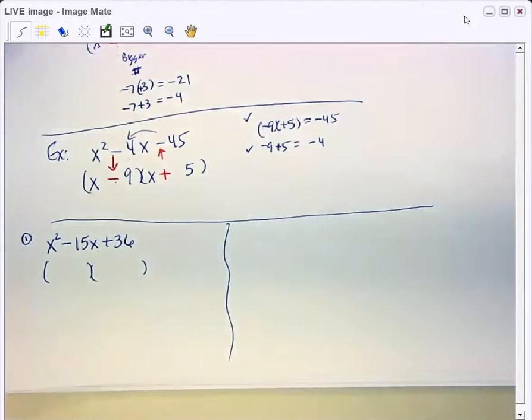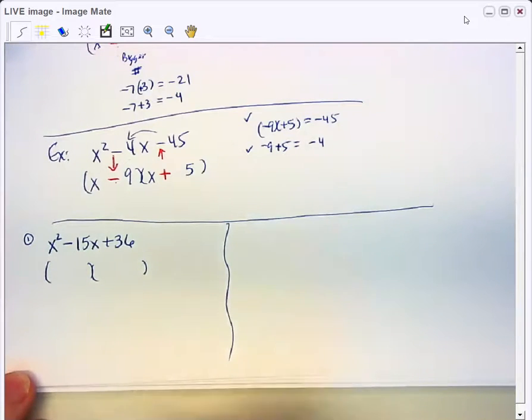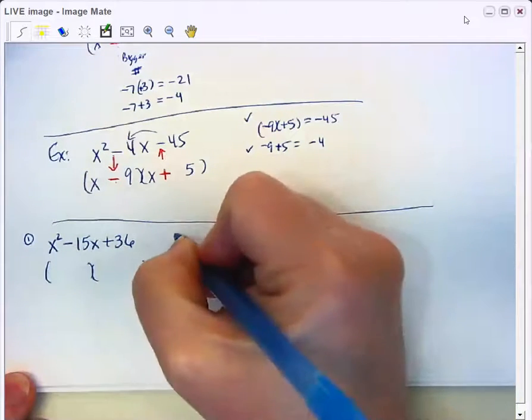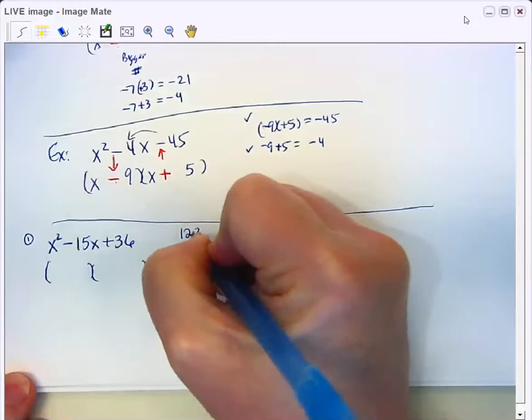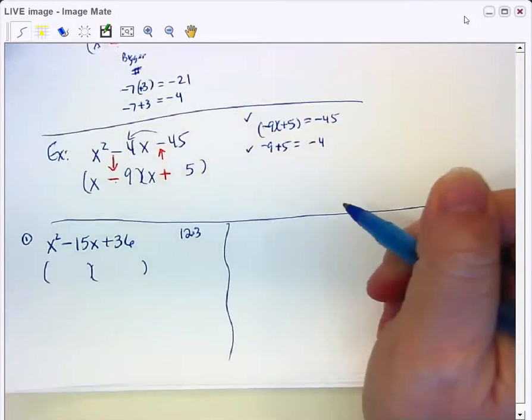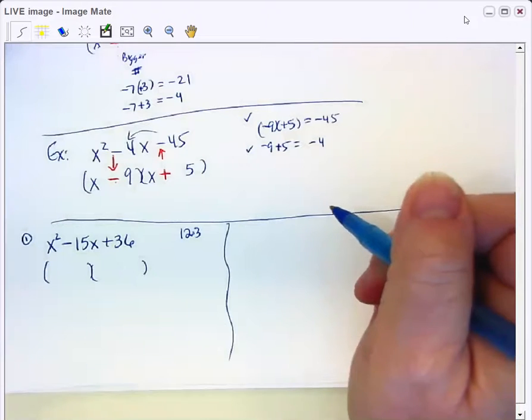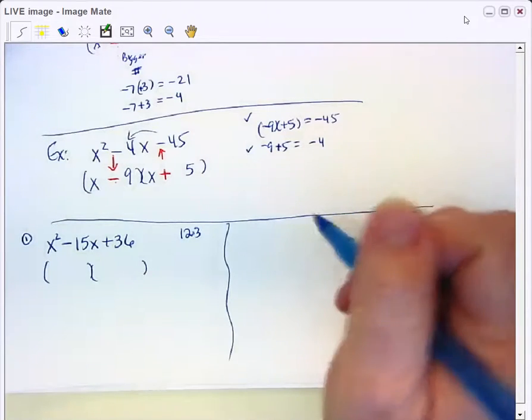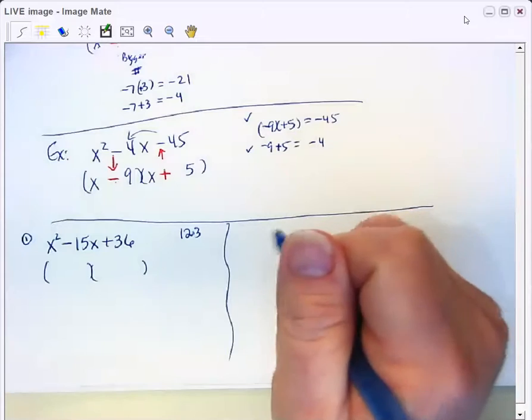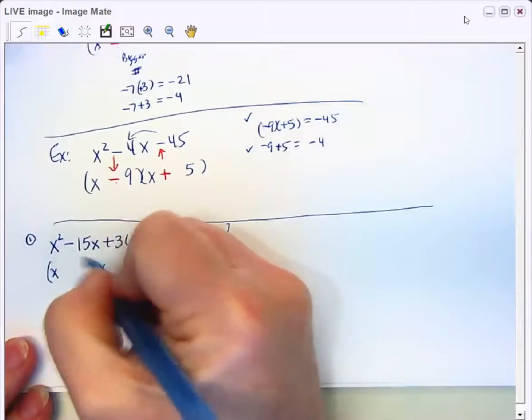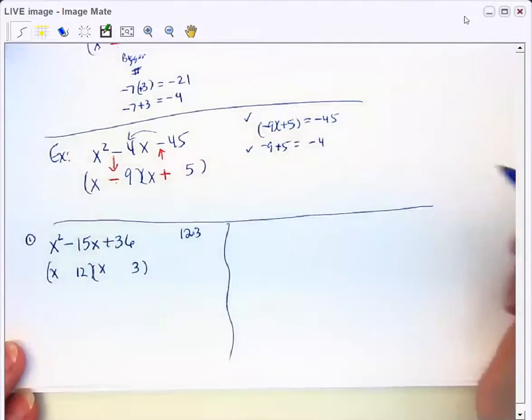Okay. So most of you have the answers. That's awesome. So we have 12 times 3. Sometimes we forget about that 12. We want to go 9 times 4. We want to go 6 times 6. And we forget about that 12 times 3. So we have x and x, 12 and 3.